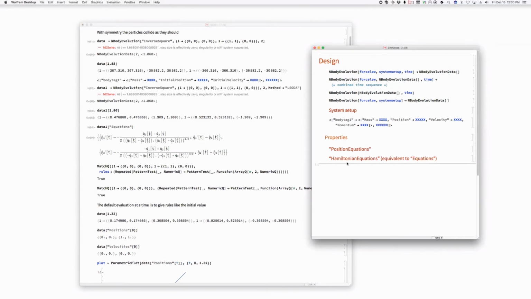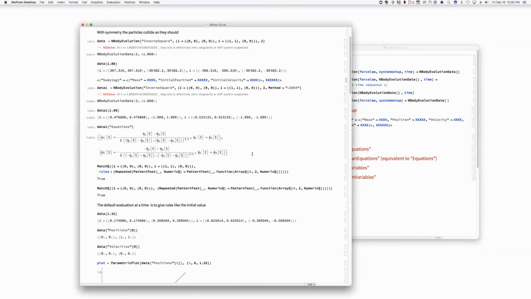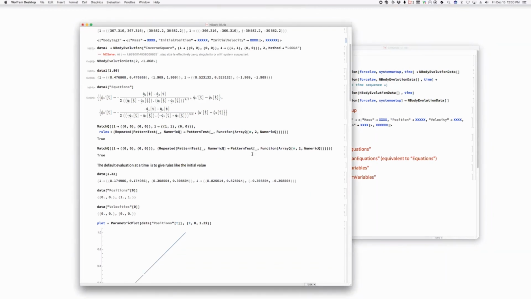Yeah. And velocity variables or momentum variables? These are momentum variables. Yep. Okay. All right, let's keep going here.